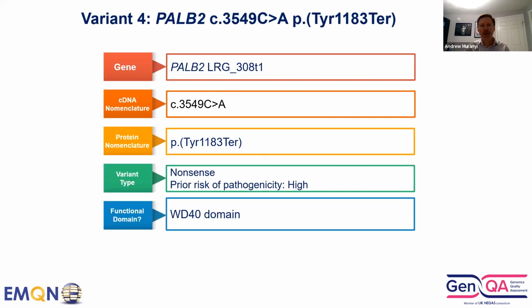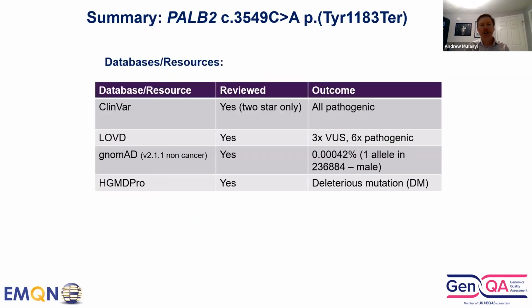The second variant is PALB2 c.3549C>A, which causes a premature termination, also located in the WD40 domain. ClinVar has a 2-star rating with all classifications being pathogenic. There is one allele in the gnomAD database, and it's predicted to be deleterious.